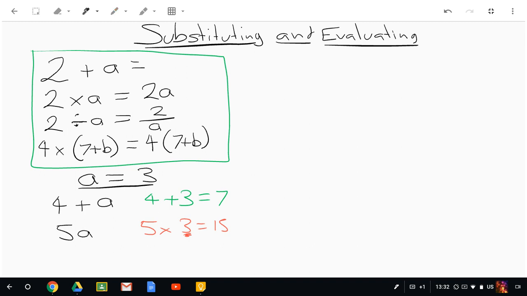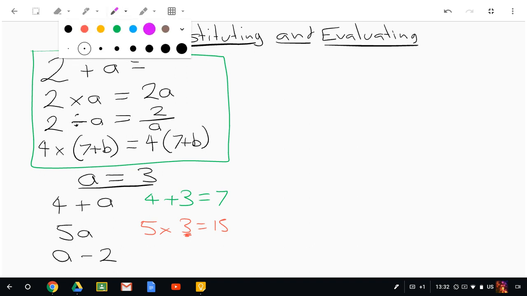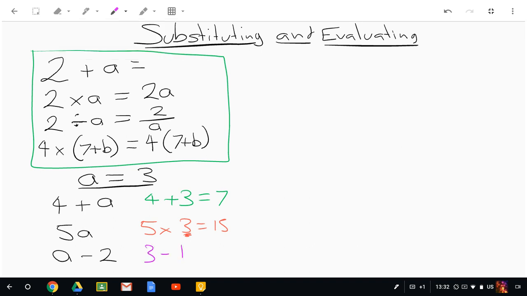And one more, if I had a minus 2, in that case, my a is 3, so 3 minus 2 equals 1.